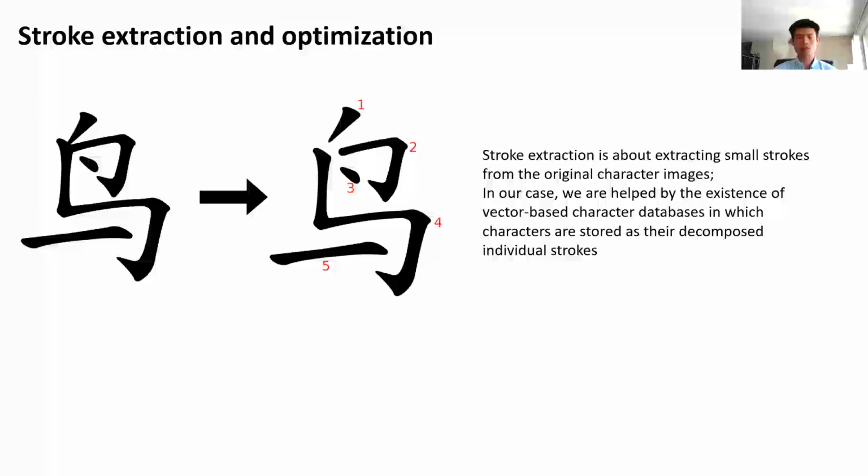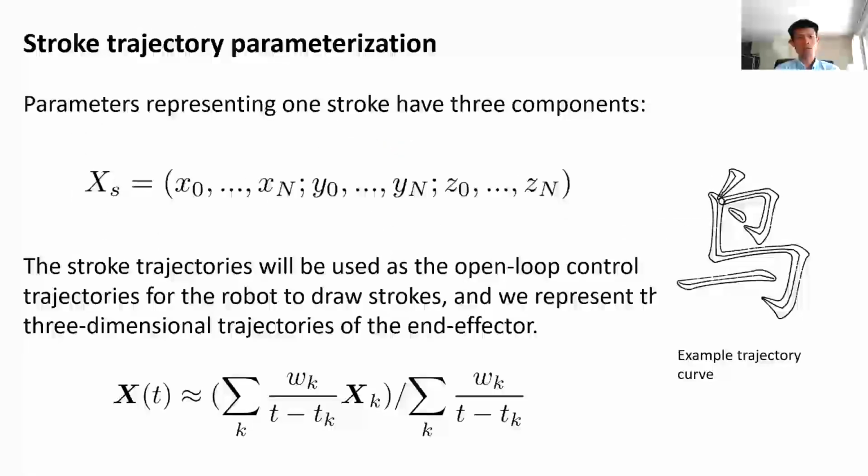In our case, we propose to use vector graphics pictures as the reference pictures, which provide very fast and convenient stroke extraction. As for stroke trajectory parameterization, since there are three components in the three-dimensional space, we will also use three sets of parameters corresponding to the x, y, and z axes to parameterize an individual stroke.